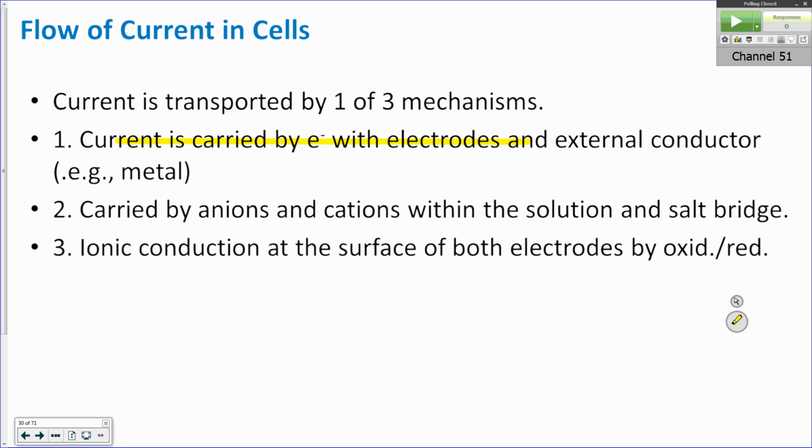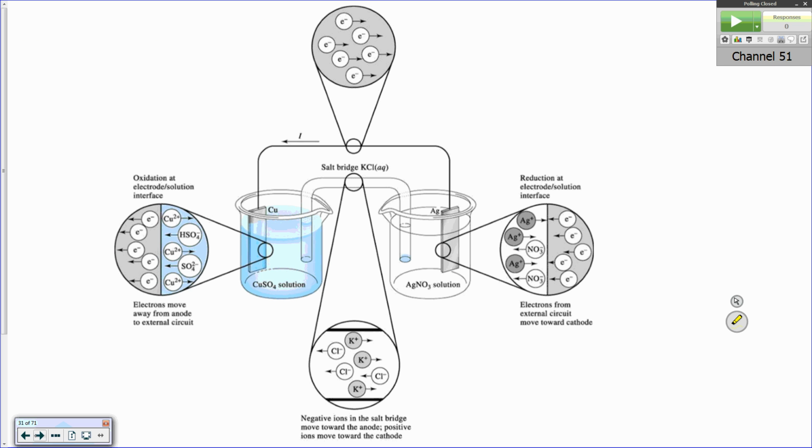In solution, it's carried by the anions and cations within the salt bridge. And one of the places we have to exchange the electricity is at the surfaces of the electrodes where oxidation and reduction occurs, and that occurs with ionic conduction. So that's where the redox reactions are actually occurring. So you've got the cations and anions exchanging for electrons that are flowing in or out, to produce your different species.